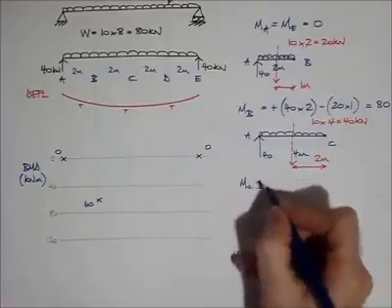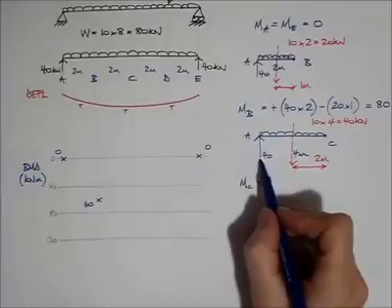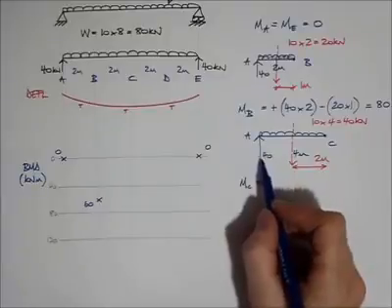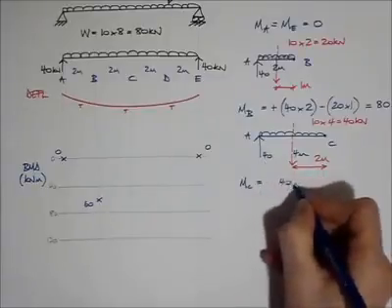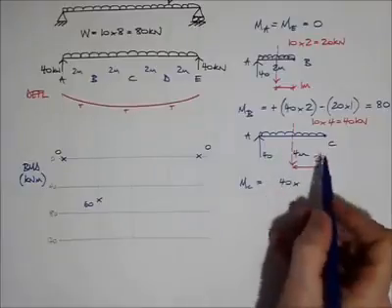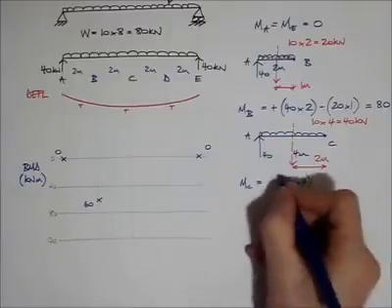MC equals, I've got the reaction at A, so that's 40 times its distance from C, which is 4 meters.